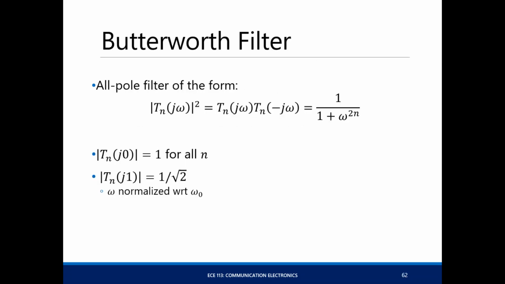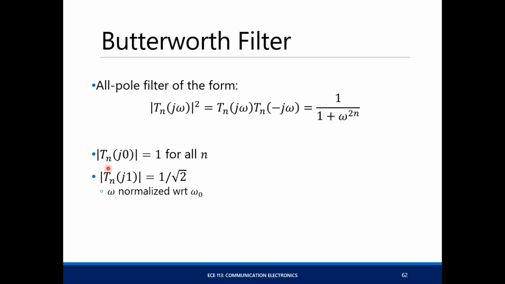The Butterworth filter is an all-pole filter. Basically, every root of your Laplace transform is a pole and has the form as you see here. So the magnitude squared of the transfer function of your nth order filter, where n pertains to the order, is equal to 1 over 1 plus omega raised to 2n.